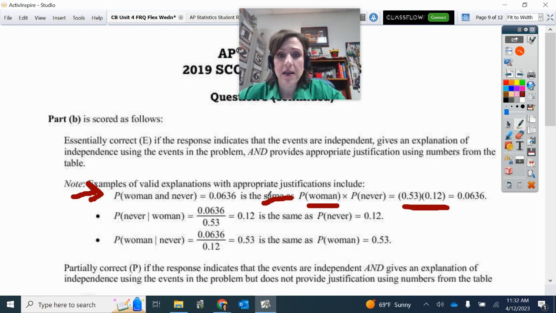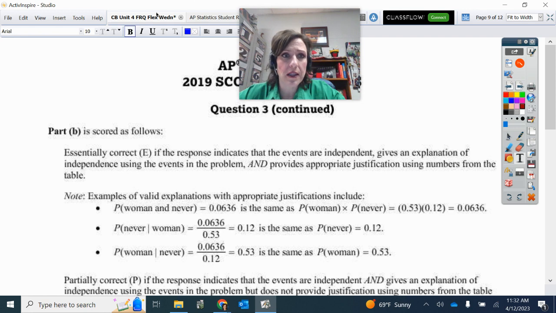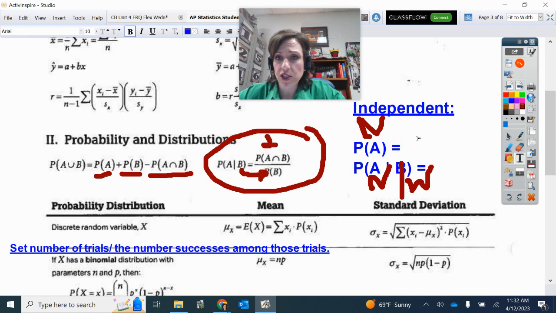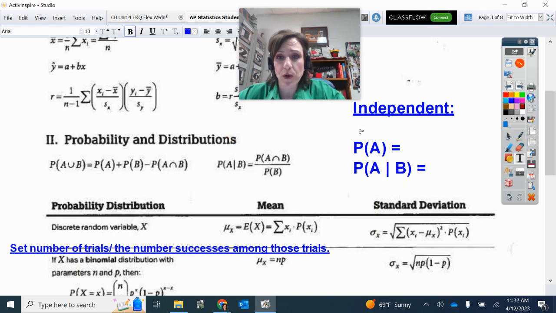So that's nice, because if you can multiply probability of A times probability of B and it equals the probability of A and B, that's another way that you can indicate that. In fact, I'm going to type that in there because I do like that on this formula chart, that you could support it that way.